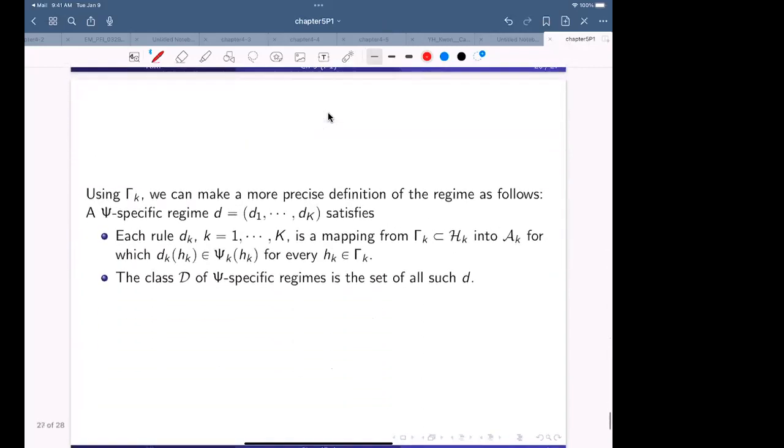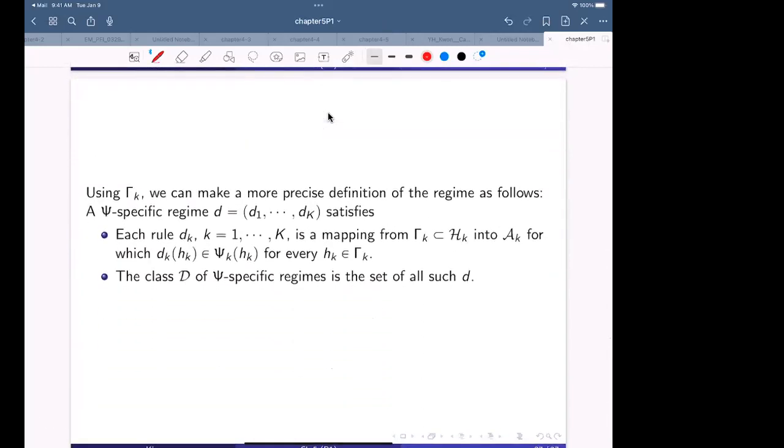Okay, sorry. So using this gamma k, we can make a more precise definition of the regime as follows. The precise, specific regime gives a decision for every history. I think we now have a more specific definition of history.